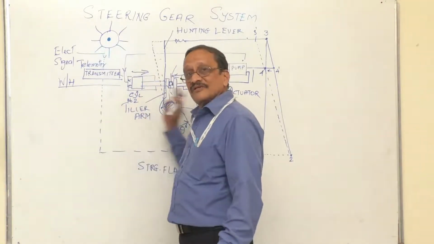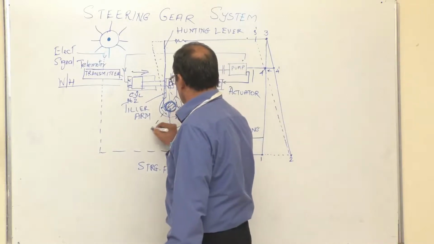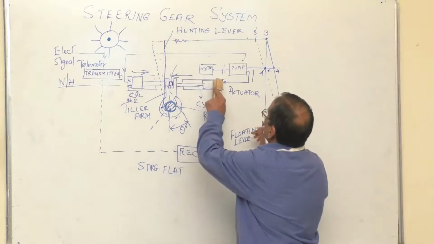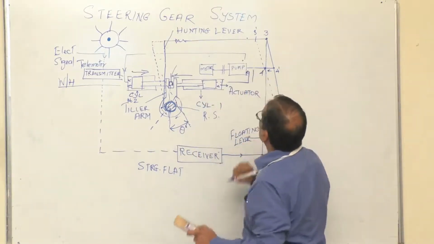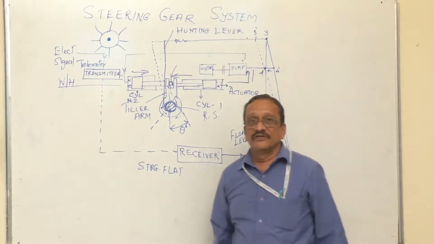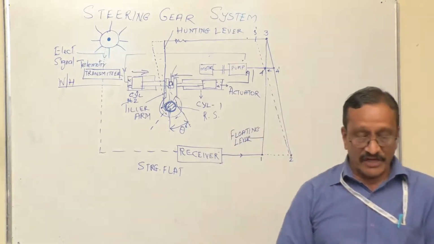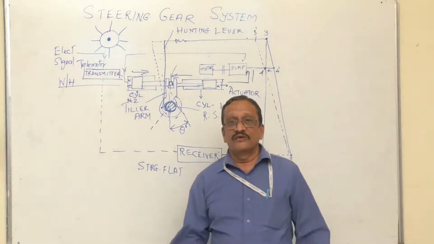The ram is moving from left to right. The rudder angle is going to change. At this point, the oil which is over here is being pumped out, and finally it returns into the pump. So this is how you are able to establish the rudder movement in whichever direction you would like to have.